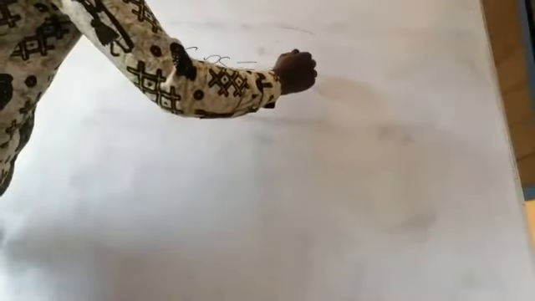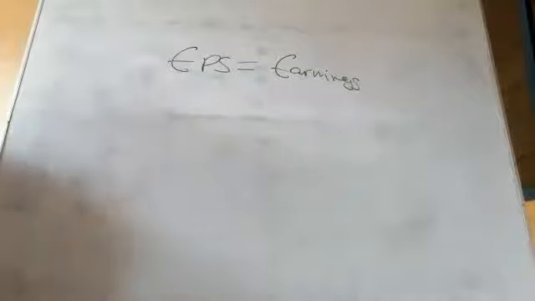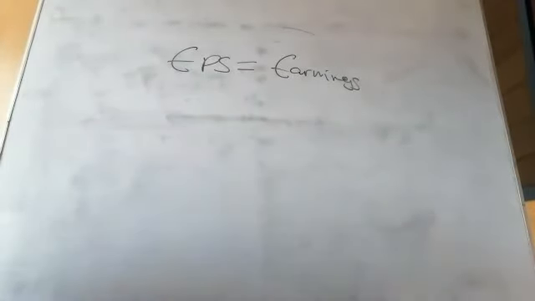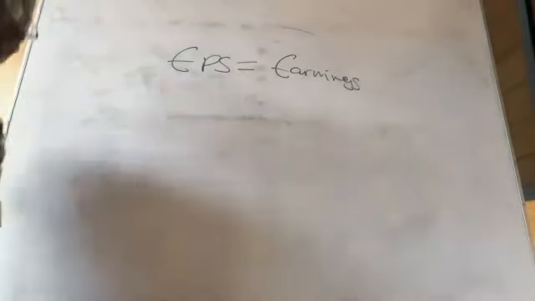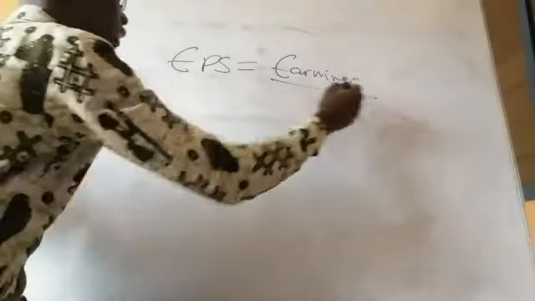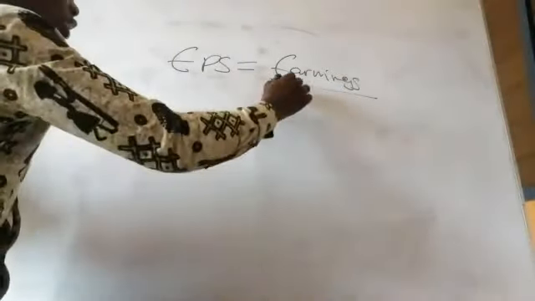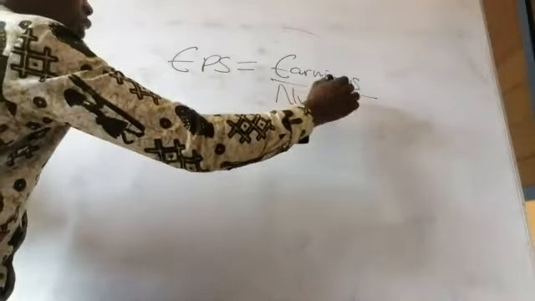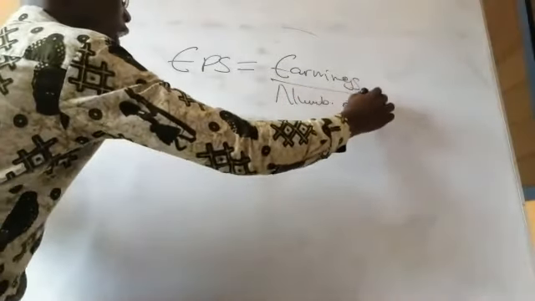So you give the earnings, and the earnings are divided by the number of shares.